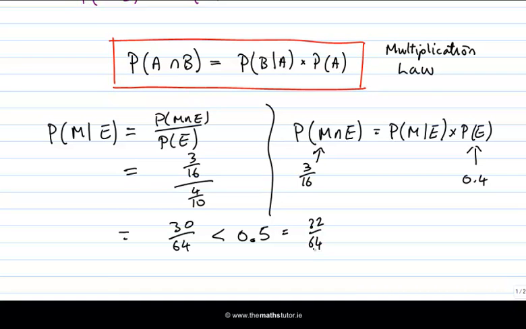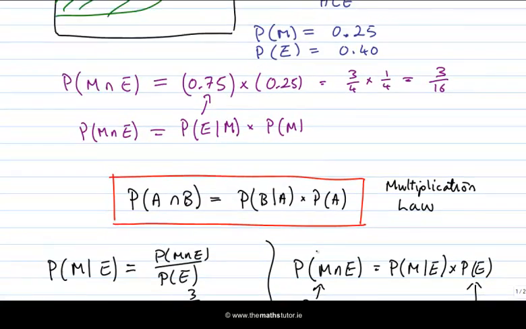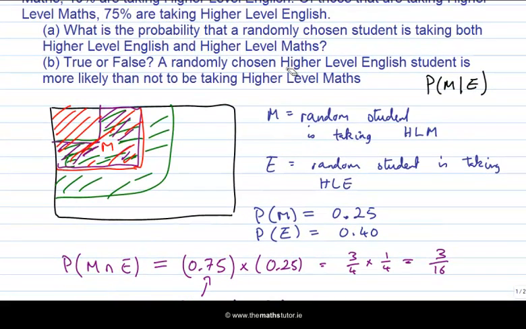So what was the question? The question was to decide whether this statement is true or false: a randomly chosen higher level English student is more likely than not to be taking higher level maths. Now, what we've done is reformulate this in terms of probability. We were looking at the probability of a higher level English student taking maths, and we calculated that this probability is less than a half.